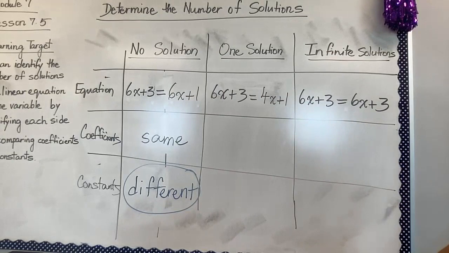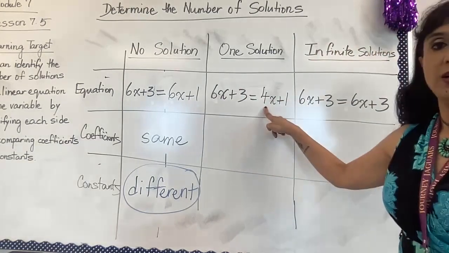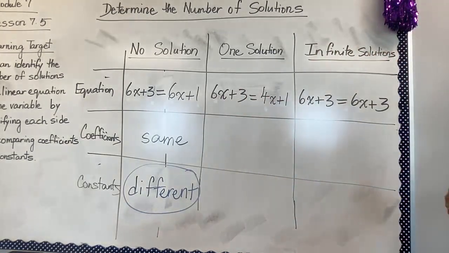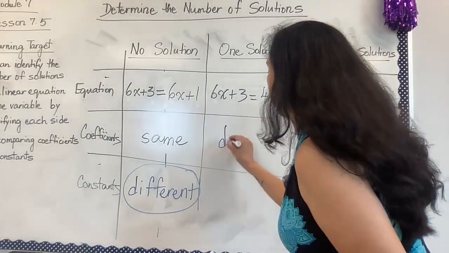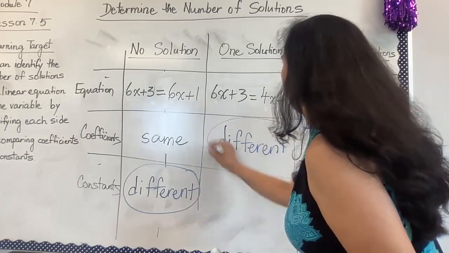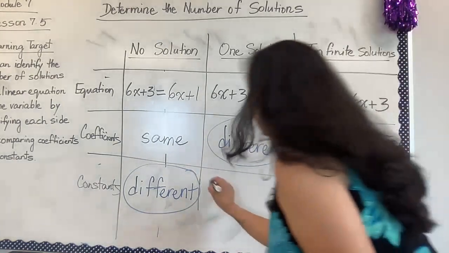All right, let's look at the one solution. In one solution, we are looking at the coefficients. I have 6 over here and I have 4 over here. So I can see that my coefficients are different. And the constant can be different or it can be the same.